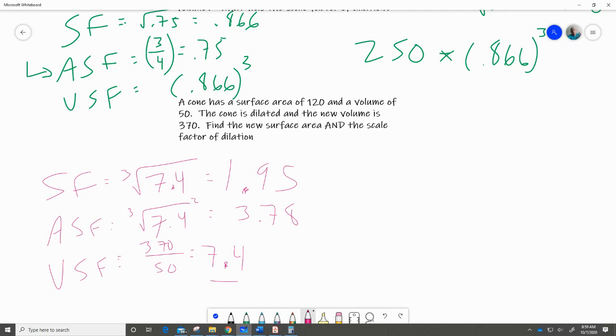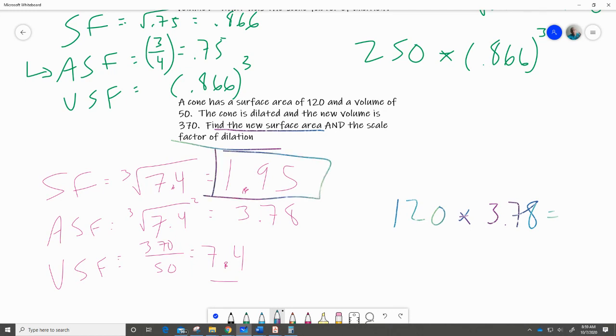It asks to find a new surface area. The original surface area is 120, so we'll do 120 times our 3.78 to get our new surface area. The scale factor of dilation is 1.95, because the volume multiplied by 7.4 and we had to cube root it to get that.